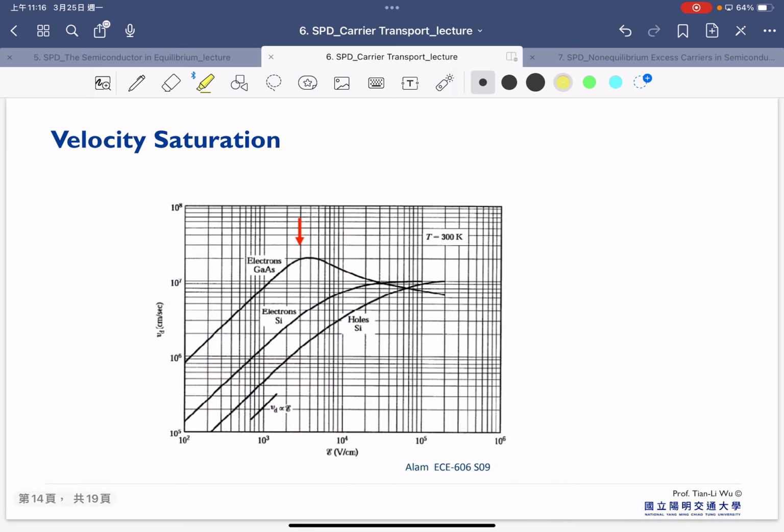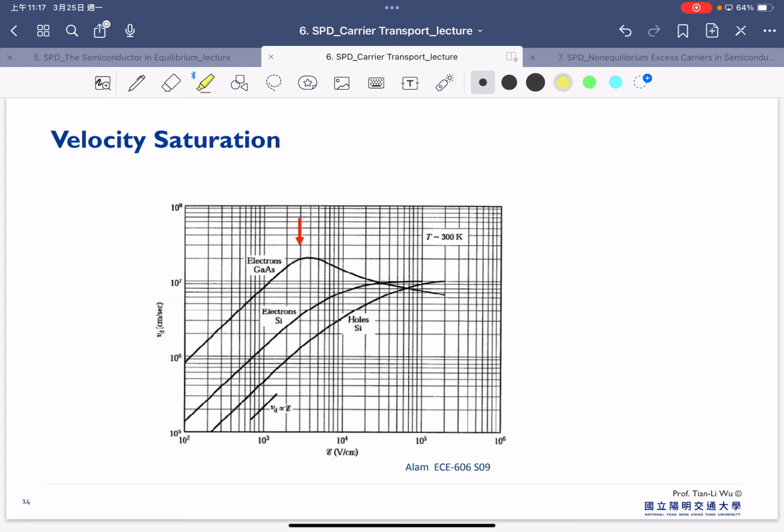And when we talk about carrier transport, we also need to consider that ideally, when we apply an electric field, our carrier velocity should be linearly proportional to the electric field. That means the larger the voltage, the larger the electric field, the faster the velocity should be, as we expected, because we think it's a linear proportion.